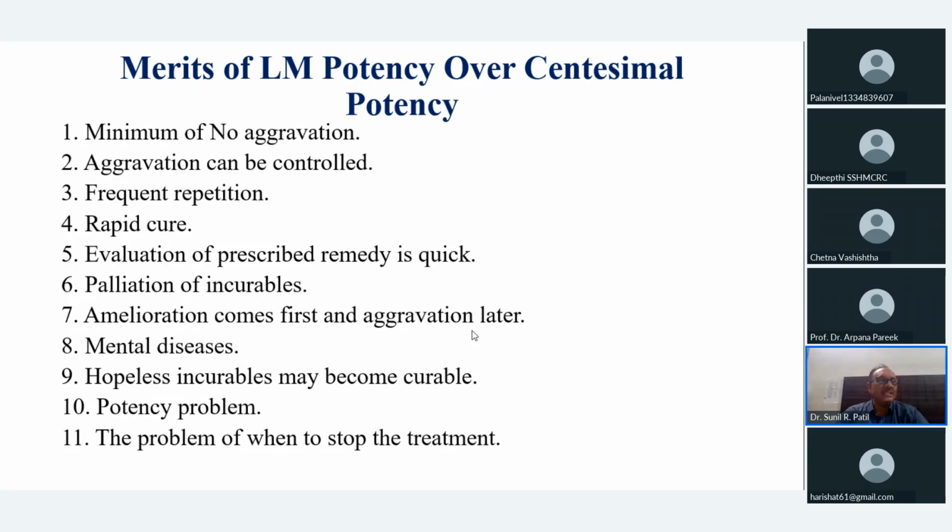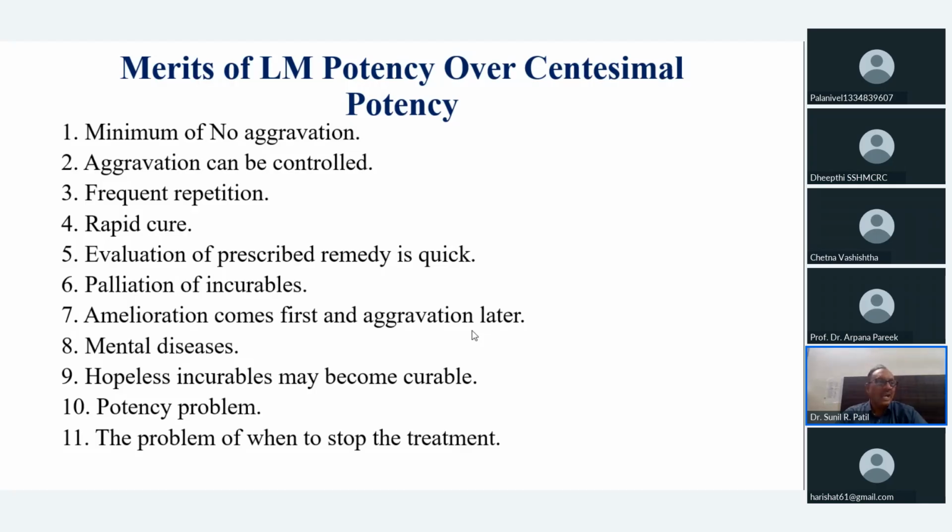The tenth: in the LM potency, the potency problem is neglected. The problem of potency selection was completely solved by the new method of dynamization. It had always been stated that there was confusion in deciding what potency to start with in the centesimal scale of potency. However, in the new method of dynamization, this confusion was cleared and there is no problem of potency selection.